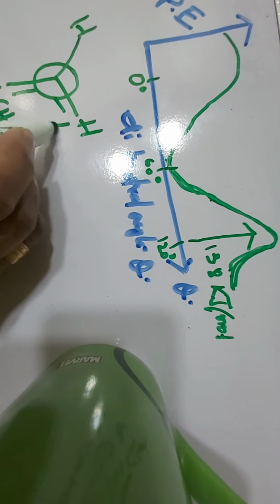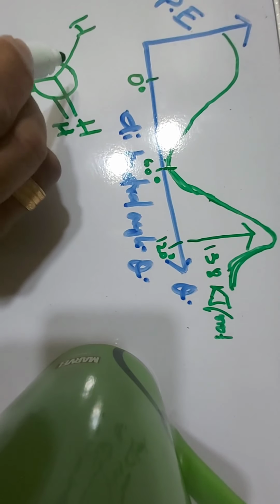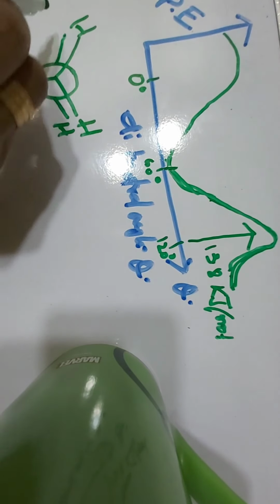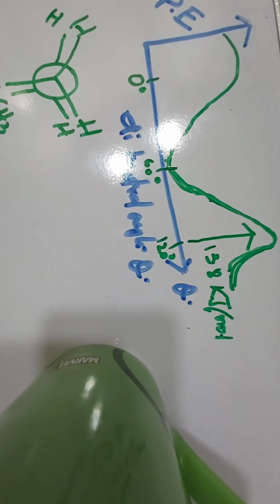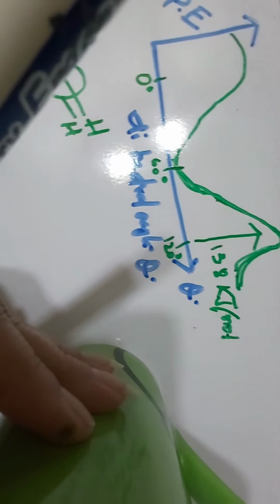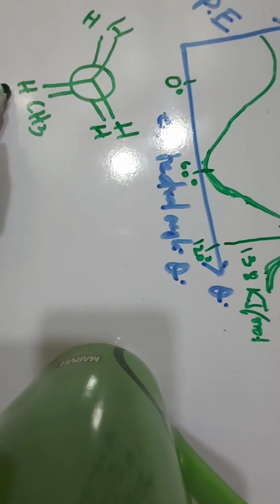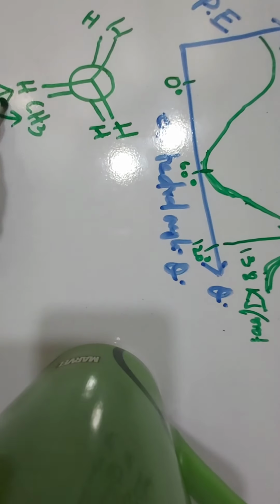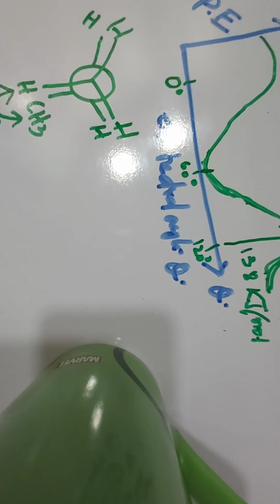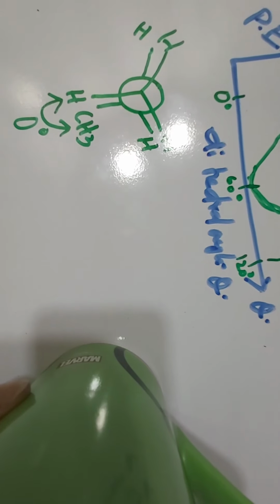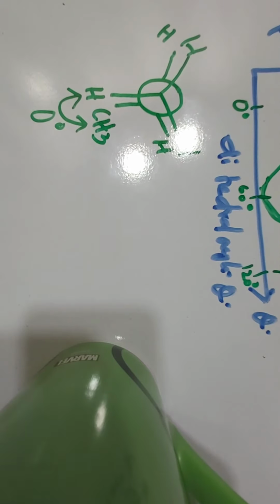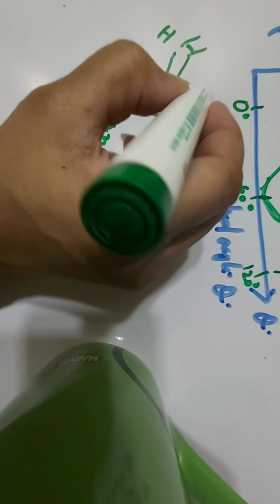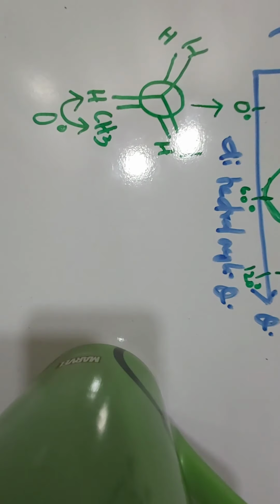This is H. This is again eclipsing, and here again another H. So the angle between them, this angle, would of course be 0 degrees, right? It's in the eclipsed formation, so this would be 0 degrees. This eclipsed conformation corresponds to this one, right?